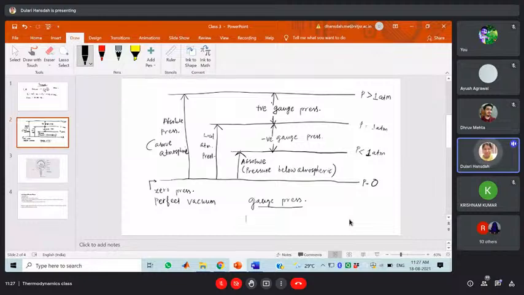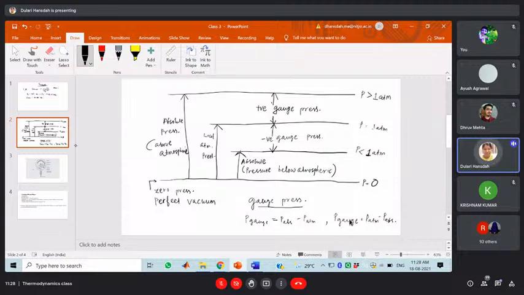So gauge pressure we can write as P absolute minus P atmospheric. Okay. So another one is the P absolute. Okay.